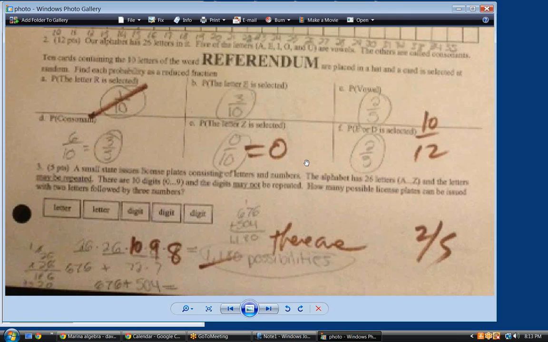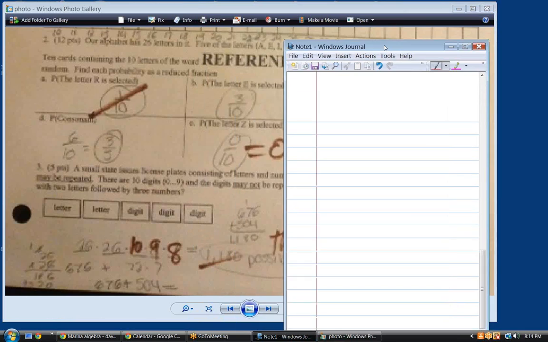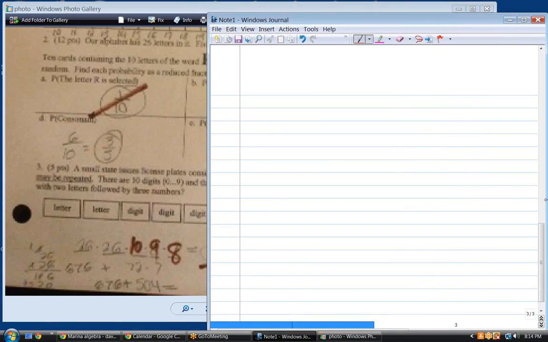Okay. So a state makes license plates consisting of letters and numbers. Letters A through Z. The letters may be repeated, the numbers 0 through 9, and the numbers cannot be repeated. How many possible license plates can be issued with 2 letters followed by 3 numbers? So we got a license plate, 2 letters followed by 3 numbers.